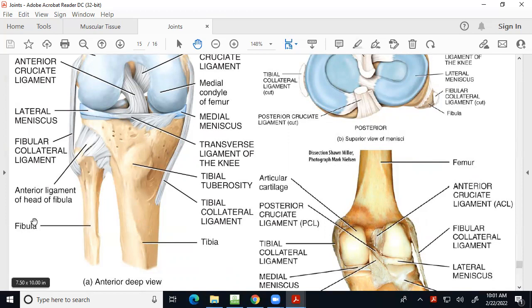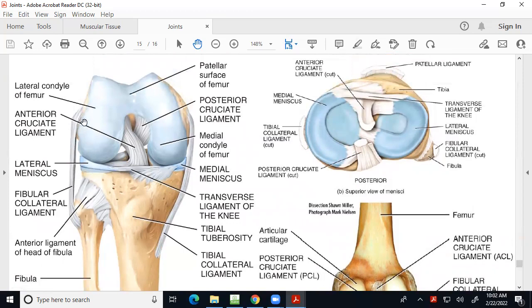If you add fibula and lateral together, that's one of the ways I told you to remember it. Fibula is always on the lateral side of your leg, okay? So you know this part of the knee is lateral, so you know this has to be the lateral meniscus, and then this on the opposite side has to be the medial meniscus, okay?